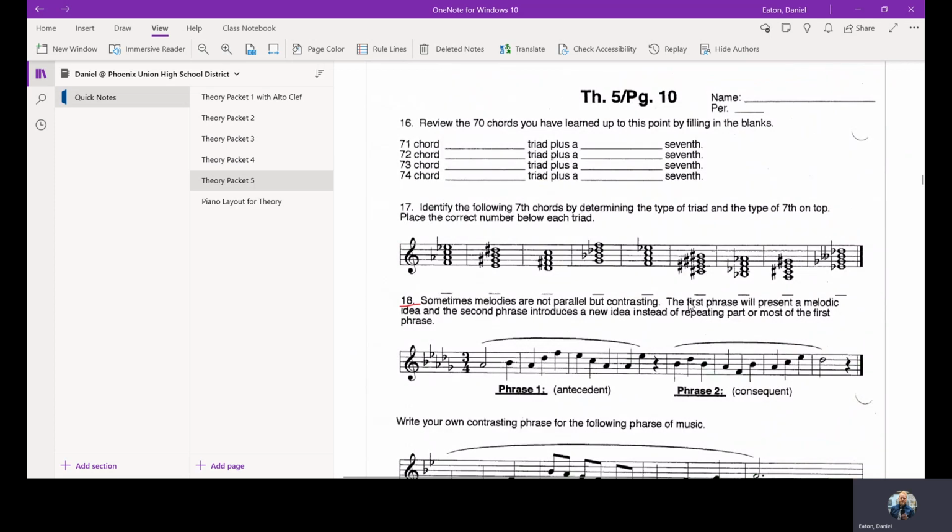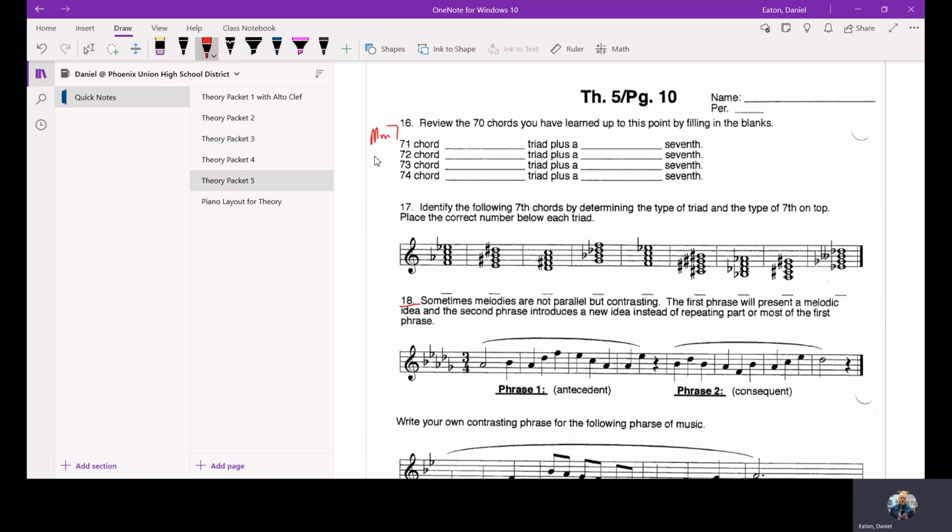Okay, review the 7th chords that you have learned up to this point by filling in the blanks. Okay, so this is asking you. I want to let you guys do this on your own. So a 7-1 chord, which is a major, I'm sorry, a major minor 7th chord. Let me write this here. That's the 7-1.